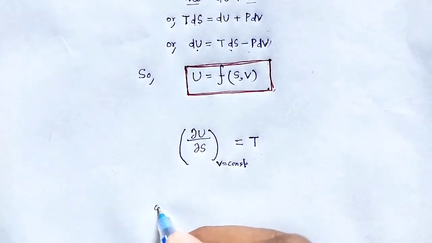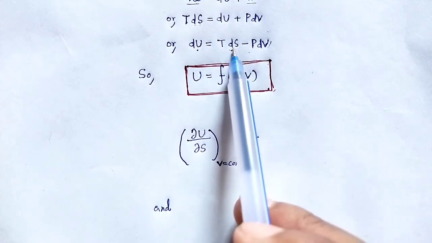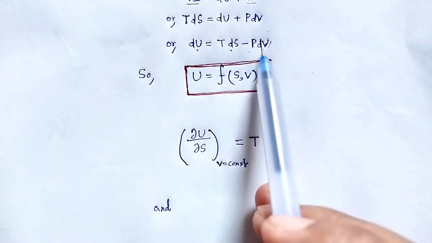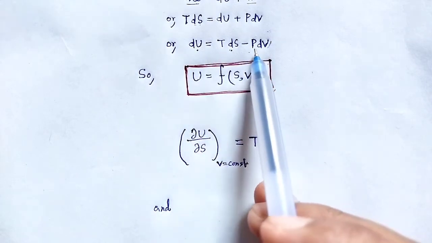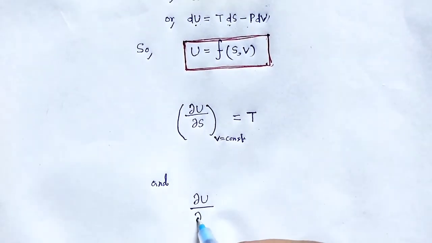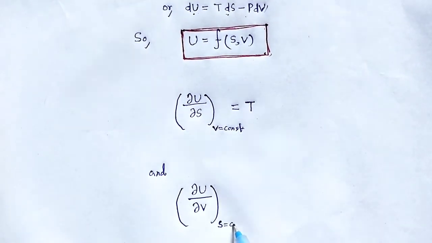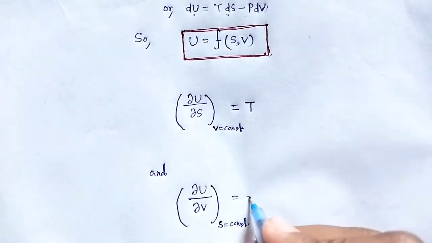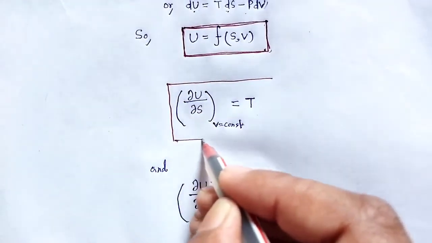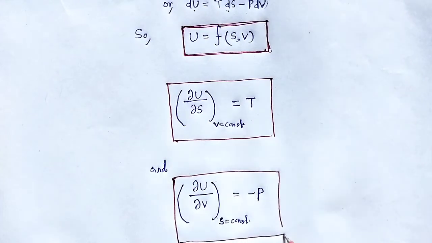And again, when S is constant, the change in entropy will be 0, therefore dU is equal to minus P dV, and dU by dV is equal to minus P. So del U by del V, whereas S is constant, is equal to minus P. These two partial differential equations are derived from the internal energy concept.